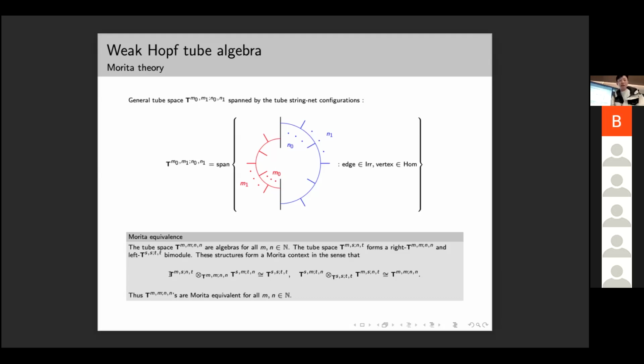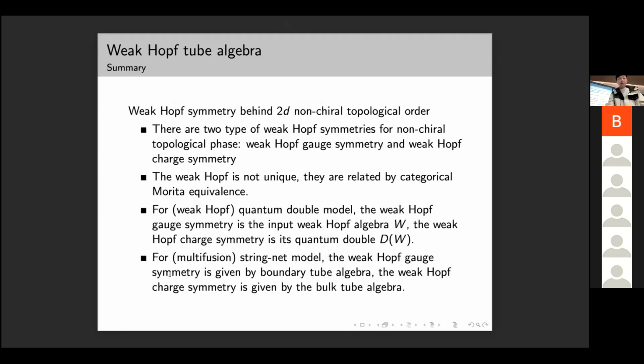So this can be summarized in the following way. We have the Morita context in this sense, and we can show that the complicated configuration and the simplest configuration are related by Morita equivalence. So this is the basic result.